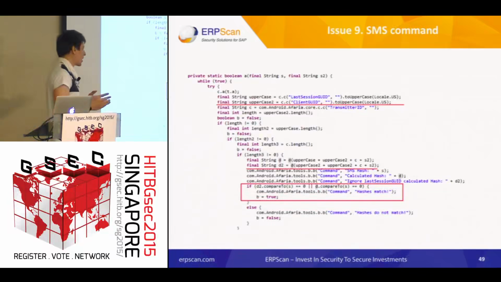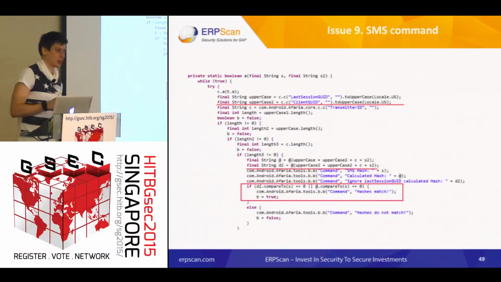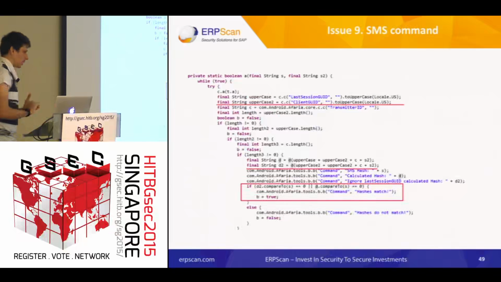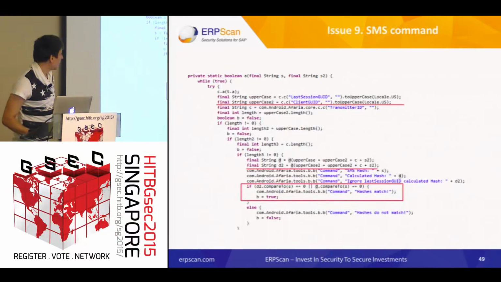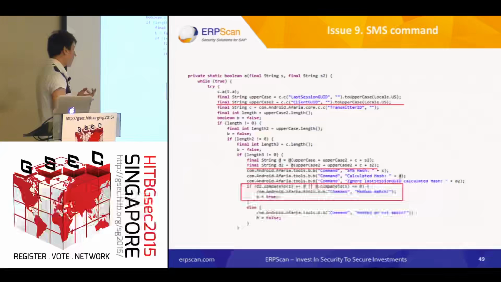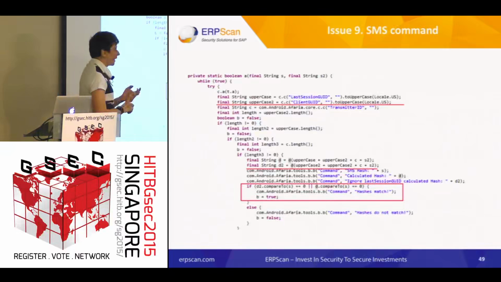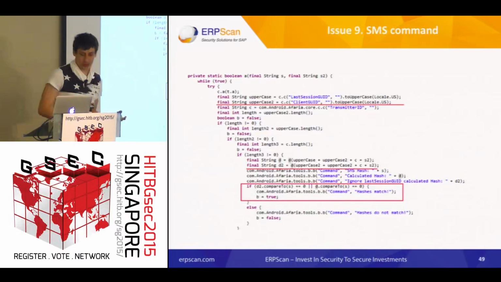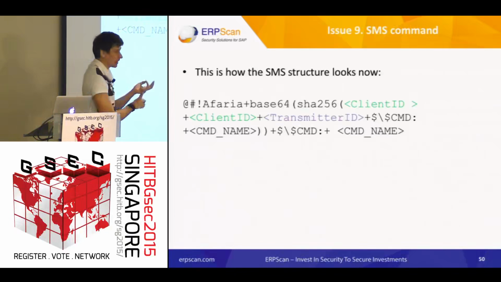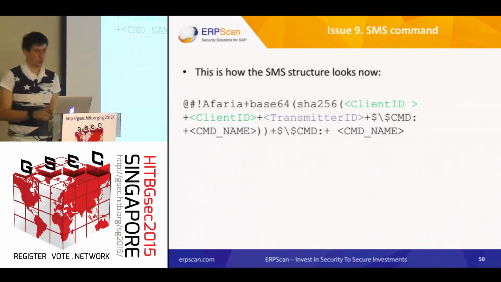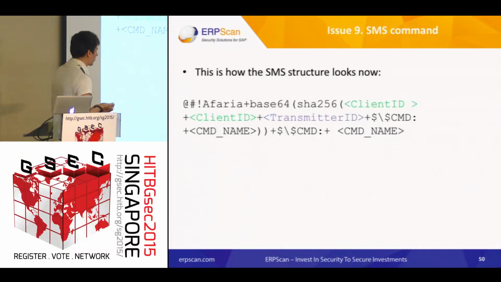But the second hash is a hash without the last session ID. It contains the client ID twice and the server ID. So that means we need to know only two values: the client ID and the server ID. We don't need the session ID anymore. It's very cool for us.